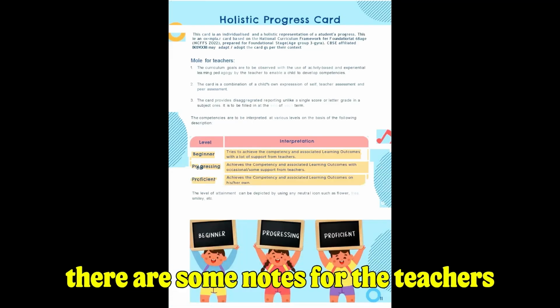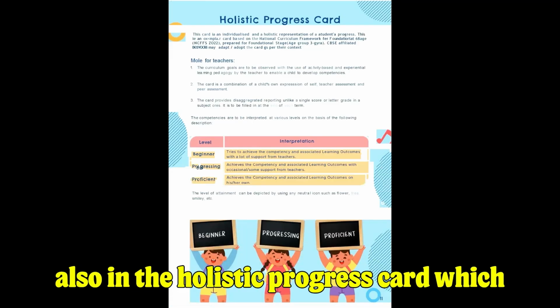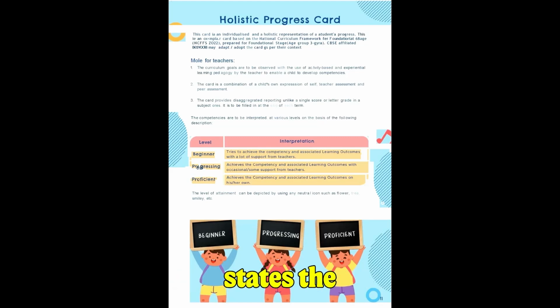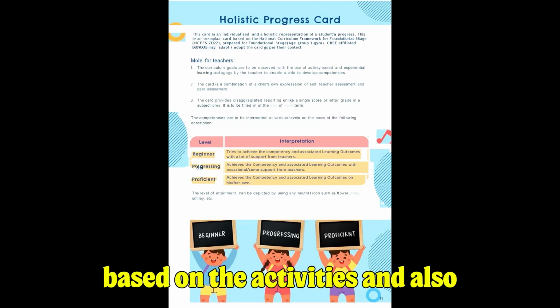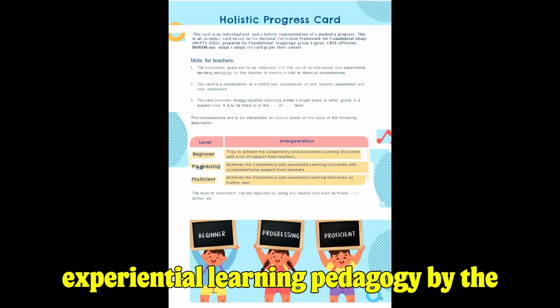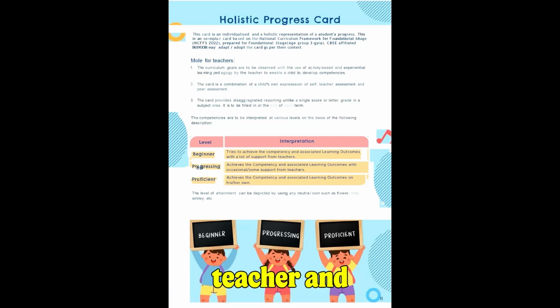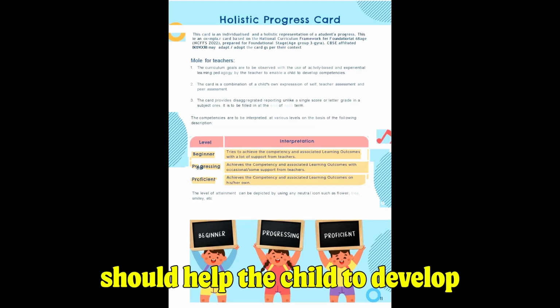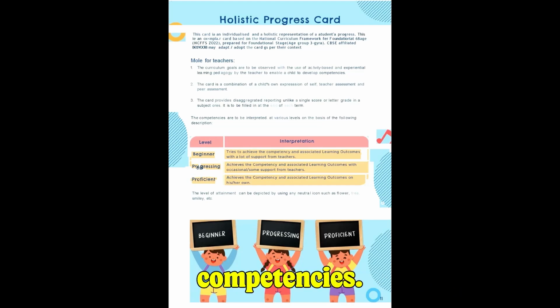Then there are some notes for the teachers also in the holistic progress card, which states that the curriculum goals are to be observed based on the activities and also experiential learning pedagogy by the teacher, and should help the child to develop competencies.